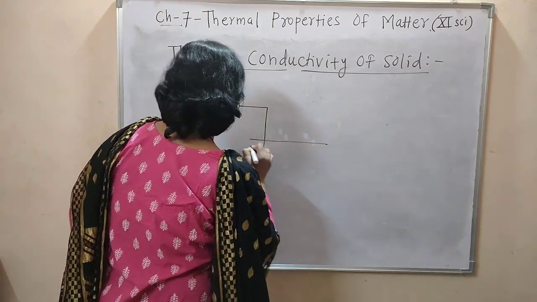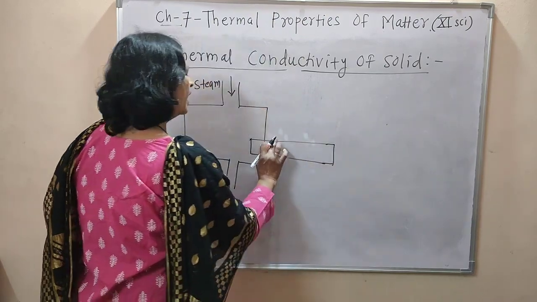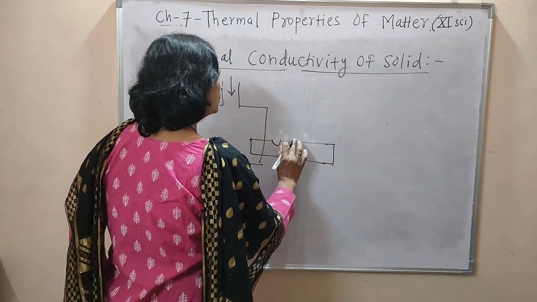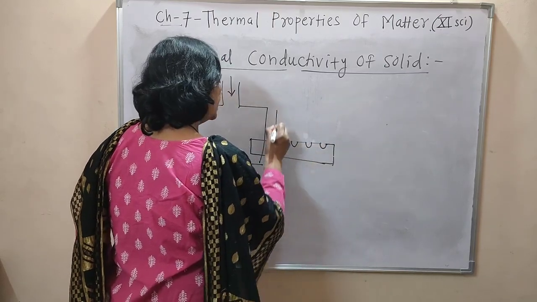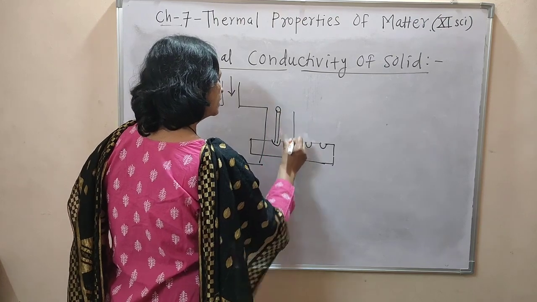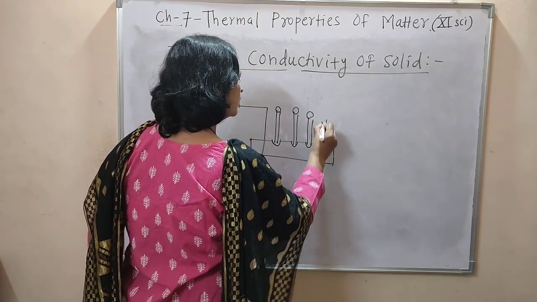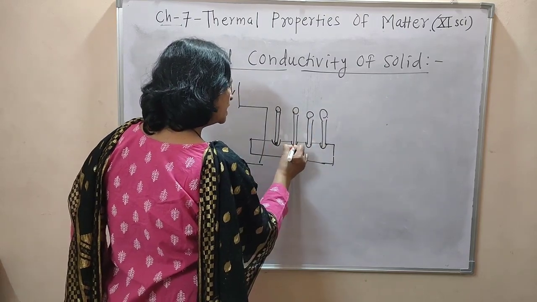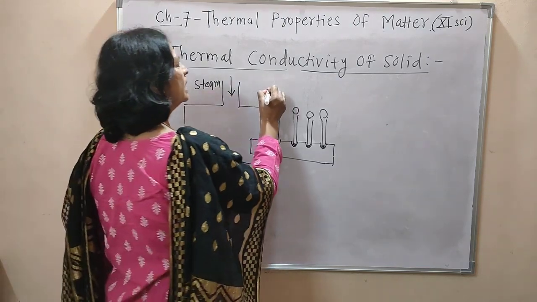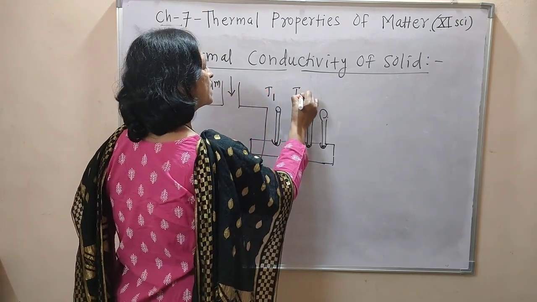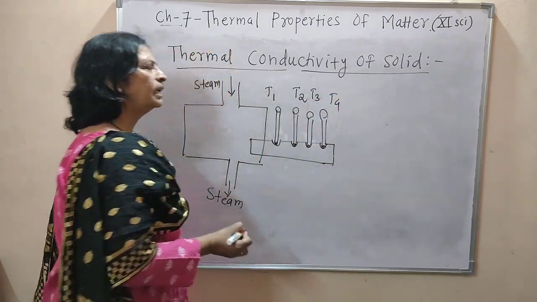A metal rod, an iron rod, is here, and 4 holes are there, and a thermometer is inserted in that rod. A mercury drop is inserted here for proper thermal contact. This is thermometer T1, this is thermometer T2, this is thermometer T3, and this is thermometer T4.